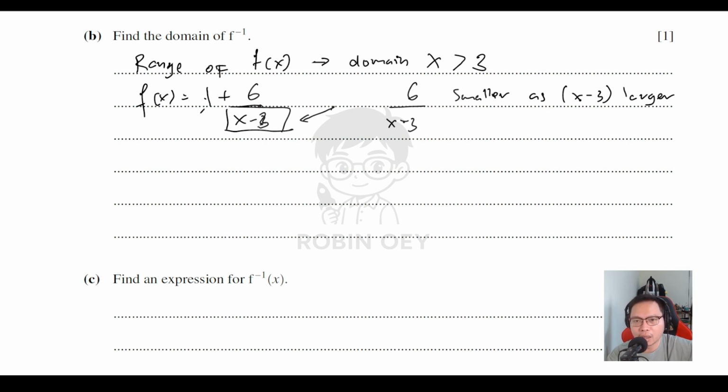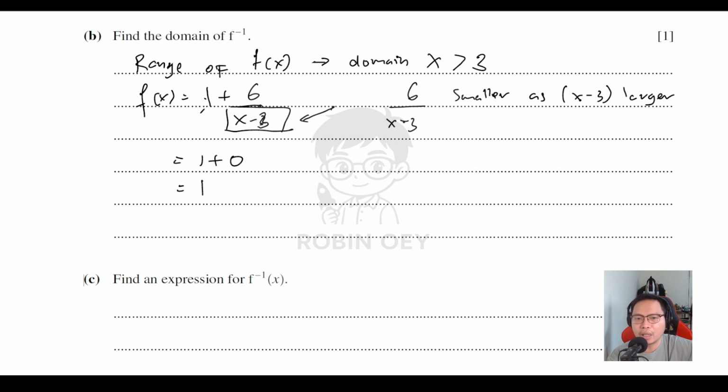It will not touch 0, but it will approach 0. So the smallest value would be 1.